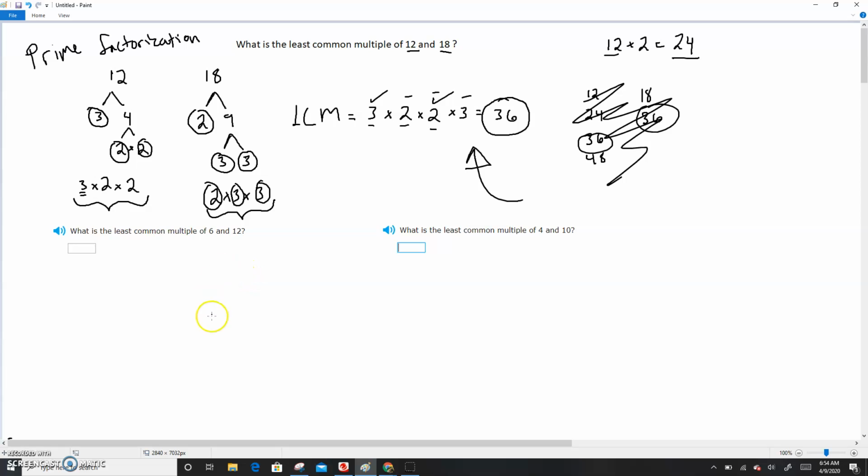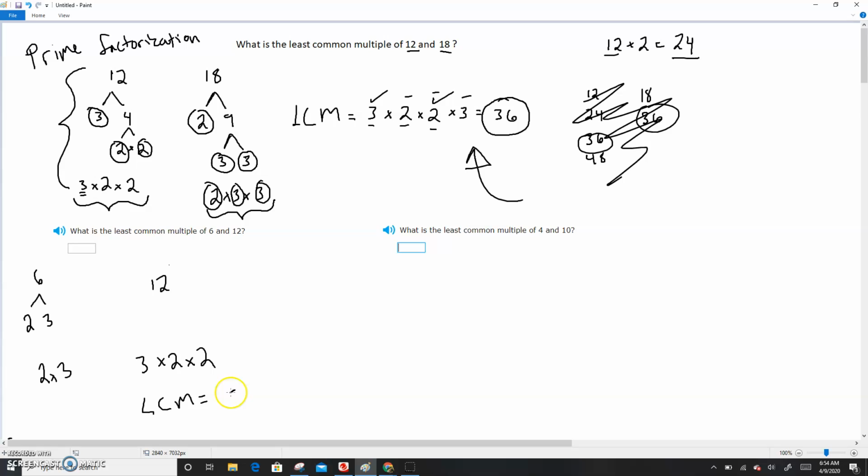The least common multiple of 6 and 12. Let's find our prime factorization. 6 is just 2 and 3, both of those are prime, so we're good. That's 2 times 3. 12, as we know from before, is 3 times 2 times 2. So our least common multiple needs to have enough ingredients to make both 6 and 12.